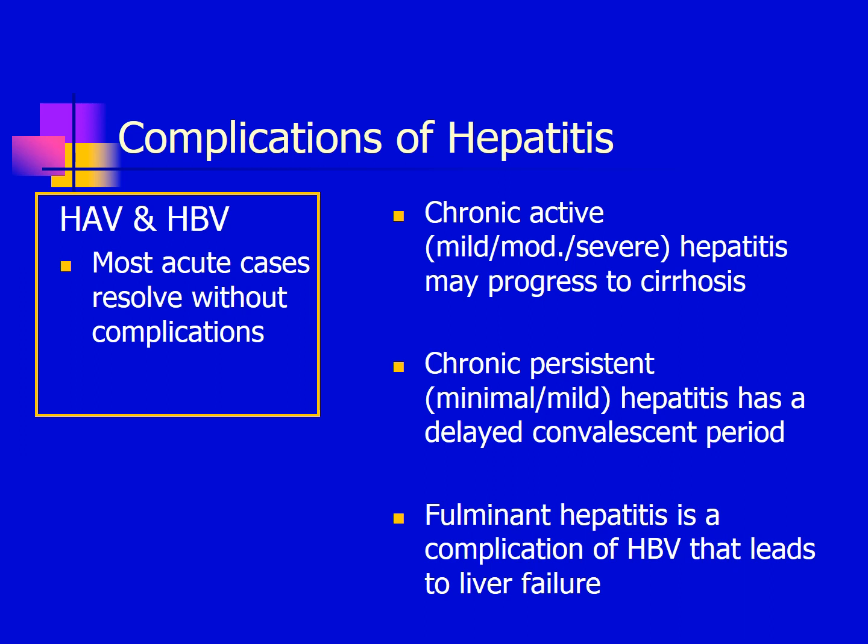And there's chronic persistent hepatitis, which has a delayed convalescent period, which means a gradual period, and then fulminant hepatitis, which is a severe impairment of the liver, and it's usually due to hepatitis B. That can lead to liver failure. So this is serious. Next slide.